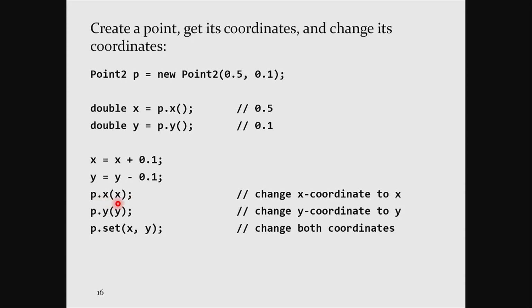That changes the x coordinate of p to 0.6 in this case. p.y changes the y coordinate to 0 in this case. If you wanted to, you can change them both at once with a method called set. So p.set(x, y) changes both the x and y coordinates in the same method. So make the object, call some methods on the object to do whatever you need to do.